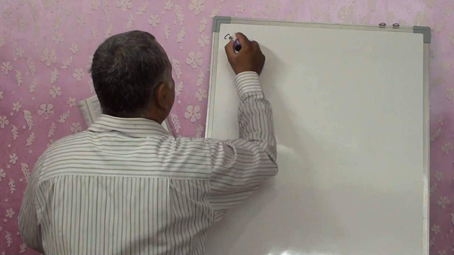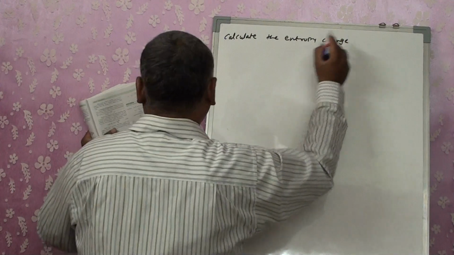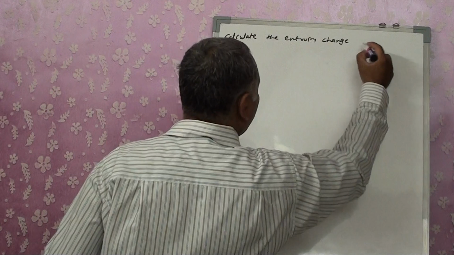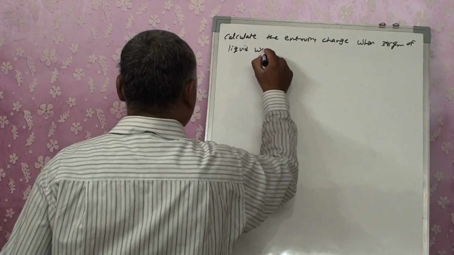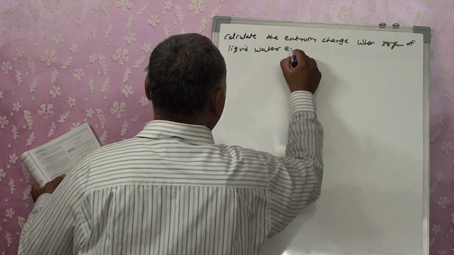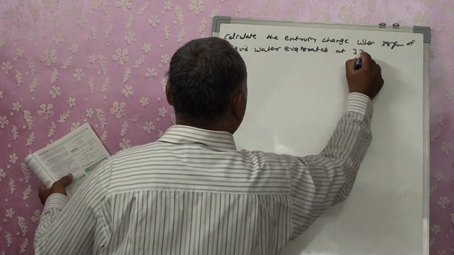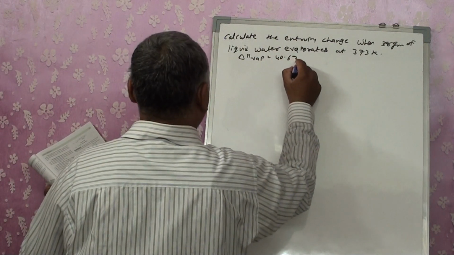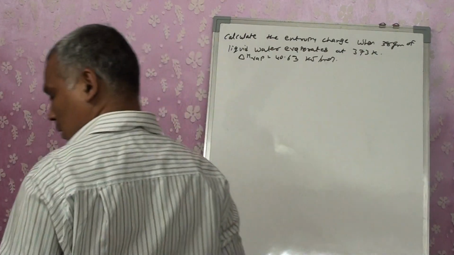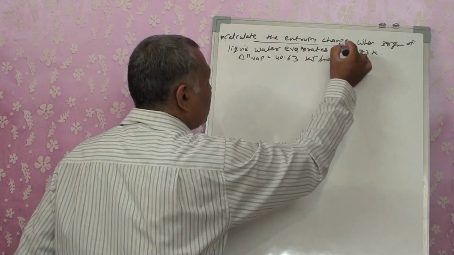Let's have it. Calculate the entropy change when 38 grams of, okay, now particularly again in this sum, what we want to calculate is the entropy change.